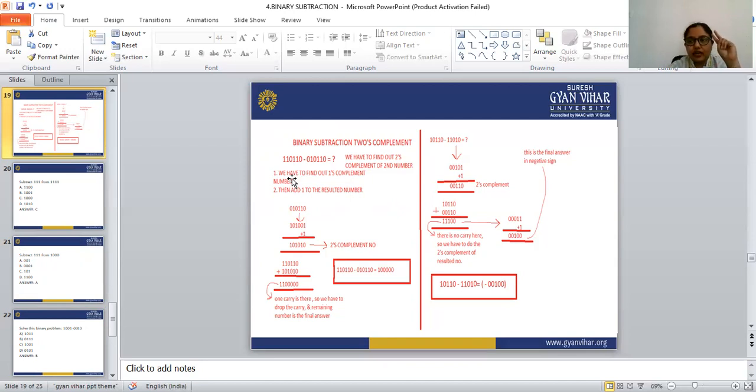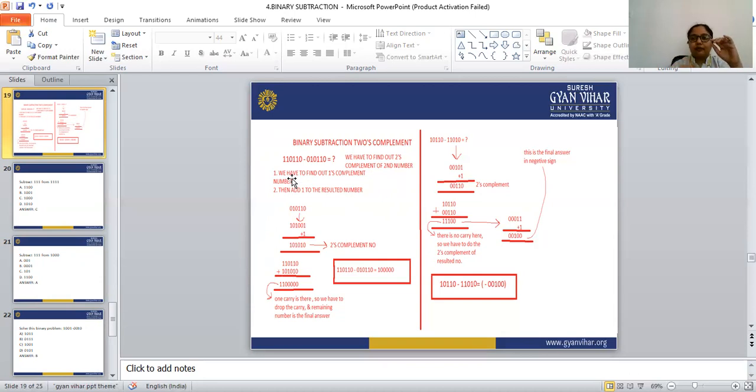So how can we convert into the twos complement number? First we have to invert that number, or convert that number into the ones complement. How can we convert into the ones complement? We have to simply invert that number.